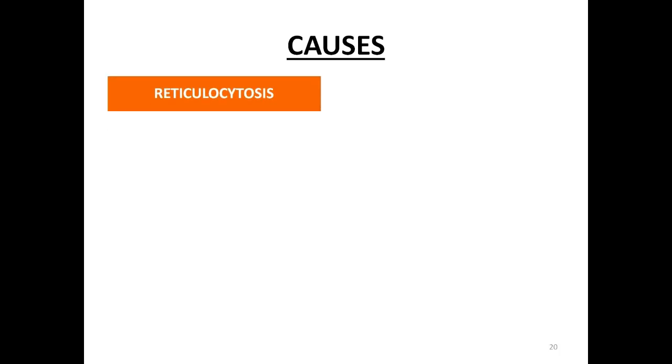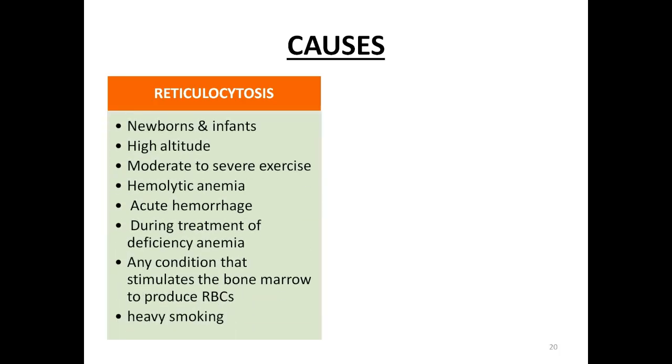Now, causes of reticulocytosis and causes of reticulocytopenia. Reticulocytosis means an increase in reticulocyte count and reticulocytopenia means a decrease in reticulocyte count. Reticulocyte count is increased in physiological conditions like newborns, infants, and high altitude.